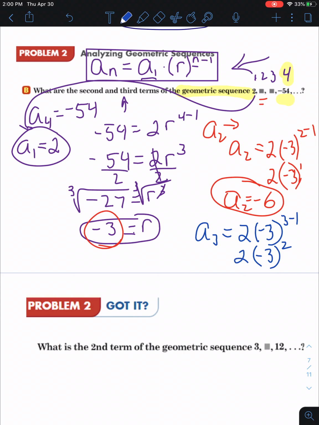Negative 3 to the second is 9 times 2, so a sub 3 is positive 18. Okay, positive 18. So my second and third terms, this is second, and this would be third. And there's those answers. All right, you'll find one of those in the work set.